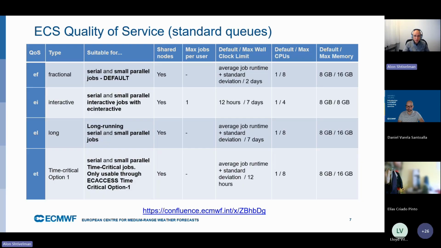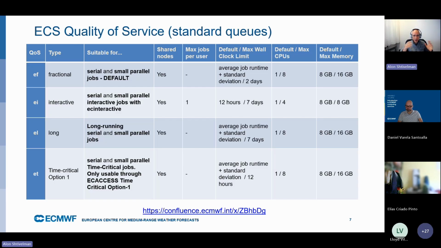So the fractional queue is there to run serial and small parallel jobs. This job will be submitted to a fractional node, which you will be sharing with other users. So your job may take 1, 2, 5, 8 CPUs, and the other CPUs at the same time will be used by other users.